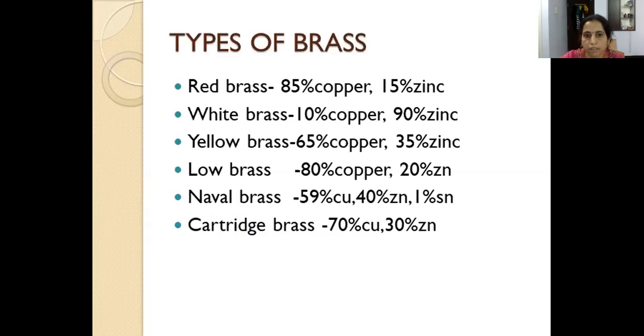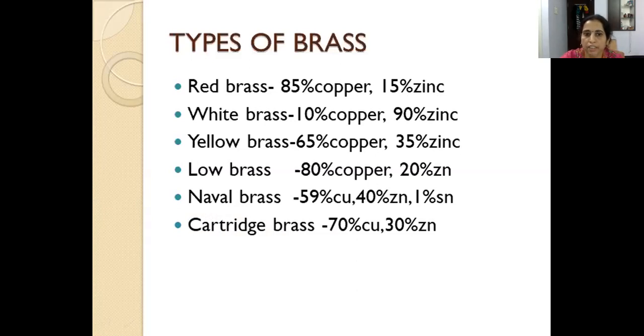The first one is red brass, which consists of 85% copper and 15% zinc. This performs better than copper in anti-corrosive properties. So it is quite hard and strong also.